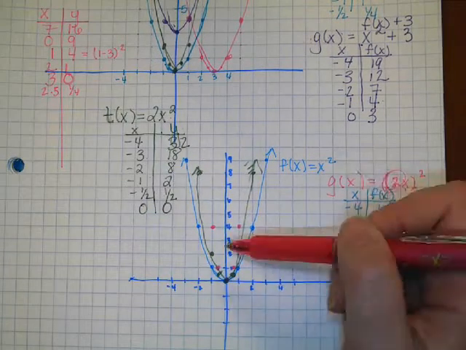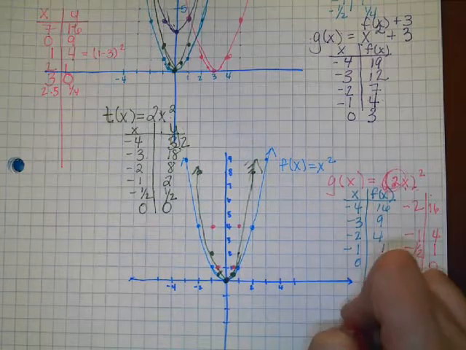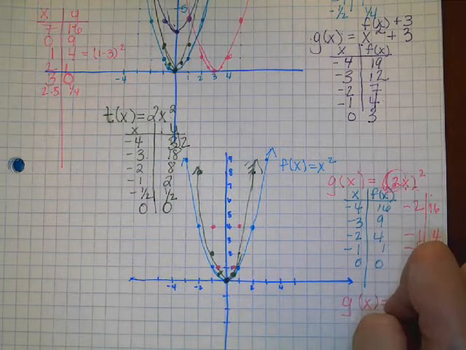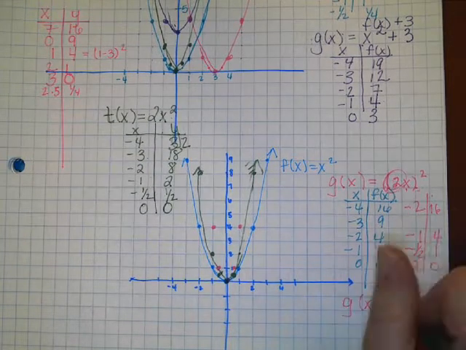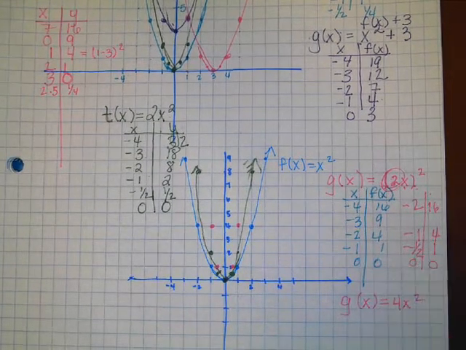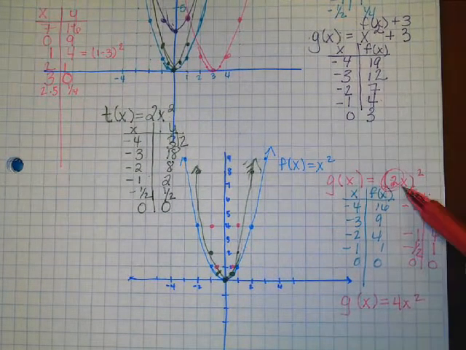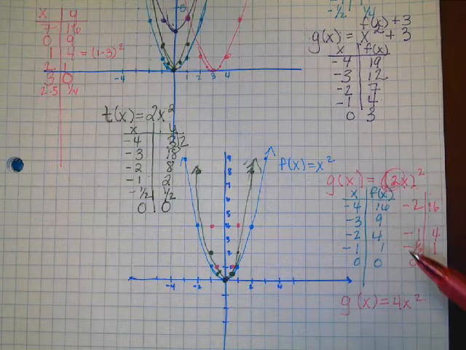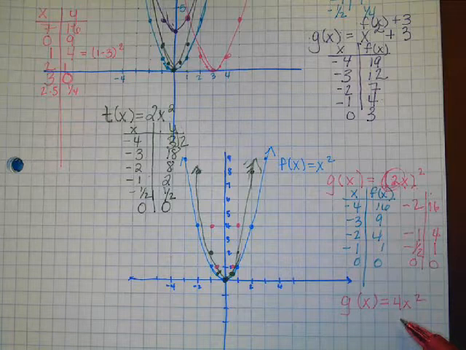And it's causing it to grow vertically, not by 2, but actually by 4. How do I know that? Because g of x is the same thing as 2x times 2x, which is 4x squared.